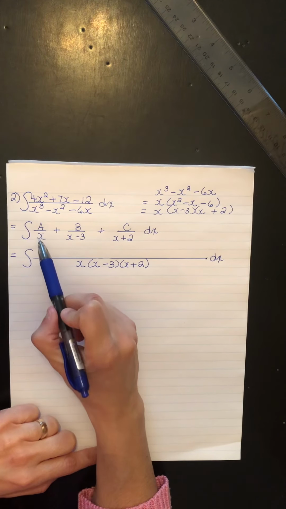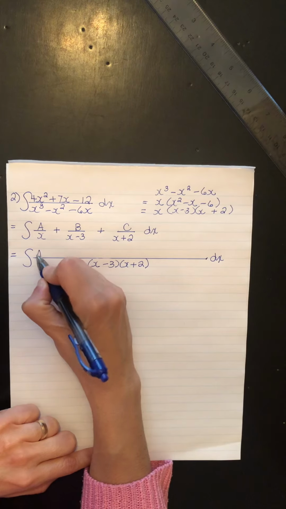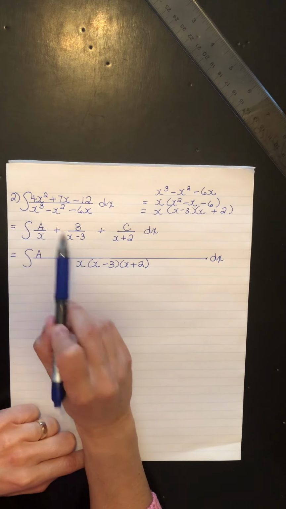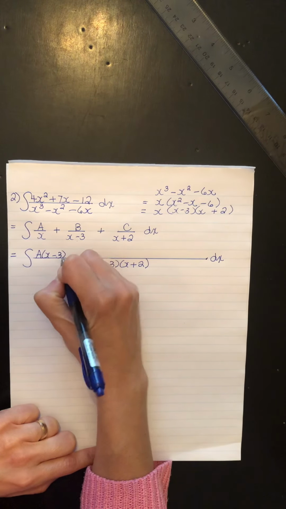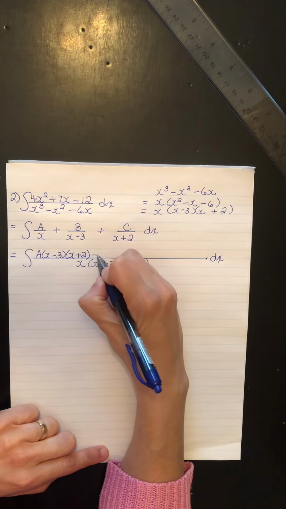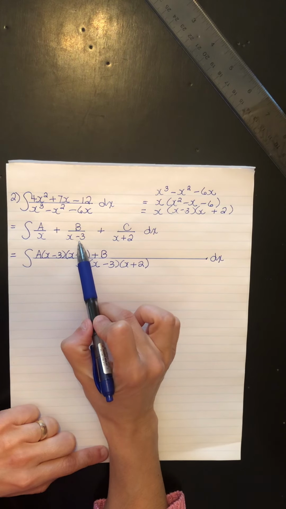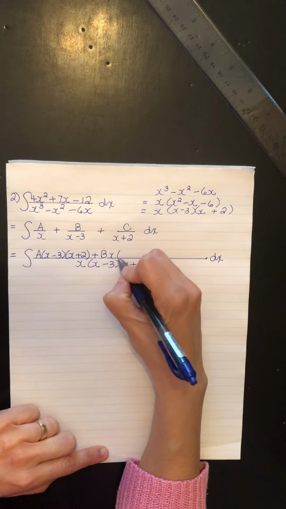Here we have A over x. If we move to the common denominator, A, of course, will have to be multiplied by x minus 3 and x plus 2, before going on to add B, which has to be multiplied by the x and the x plus 2.